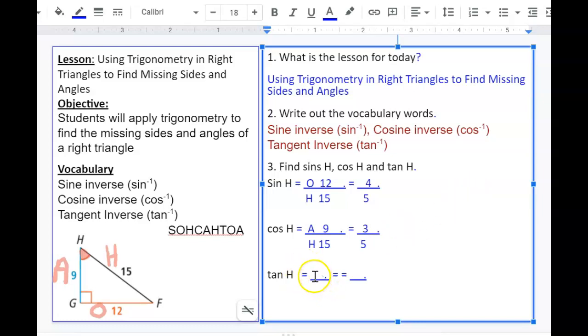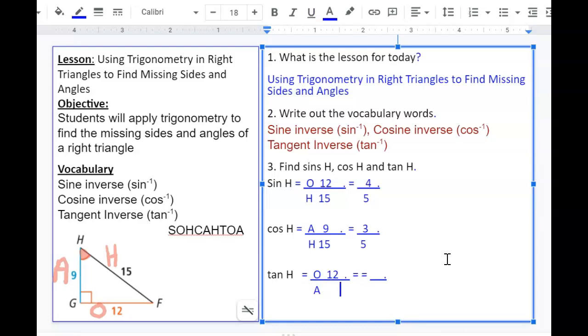Now, similarly for tan theta, by definition, tan theta is equal to what? From your SOHCAHTOA, tangent is opposite over adjacent. So tan theta will give us opposite over adjacent. My opposite is 12 and my adjacent is 9.